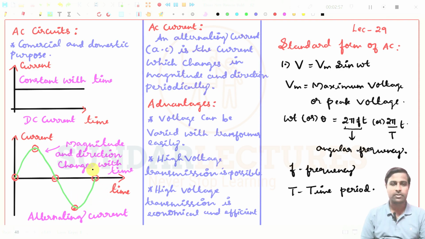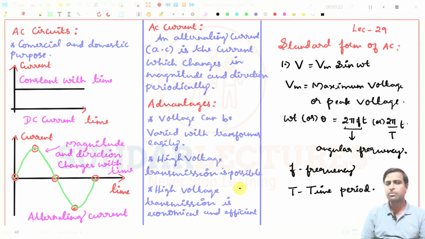That is why we call these periodical waveforms. So what are the advantages of AC quantities? Voltage can be varied easily with a transformer if it is an AC circuit, whereas varying DC is a little more complex.